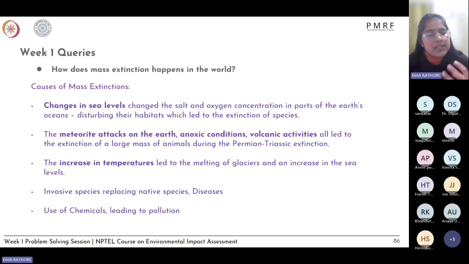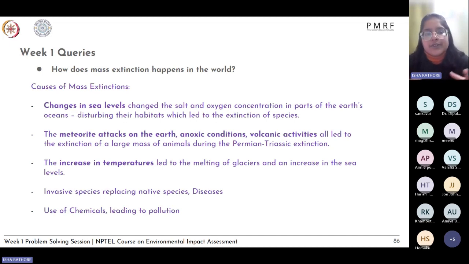How mass extinction happens in the world is also through certain human activities and things like invasive species, which are species not corresponding to a particular area. When they start replacing native species, which are plants or animals found in a particular area.